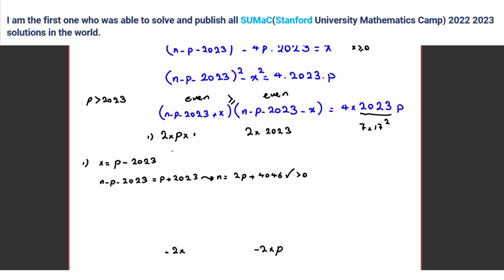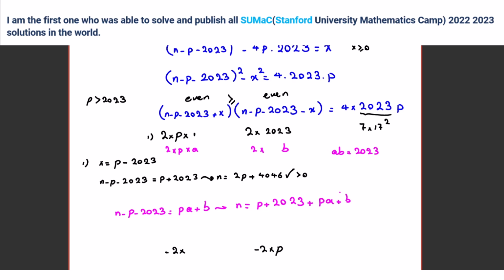Because let's consider this part, for example, 2 times p times a, in general 2 times p times b, where ab is 2023, right? Then we can say n minus p minus 2023 is some of them, right? Here, sorry, we don't have 2023, only 2 times p. So it would be pa plus b, right? So n would be p plus 2023 plus pa plus b.